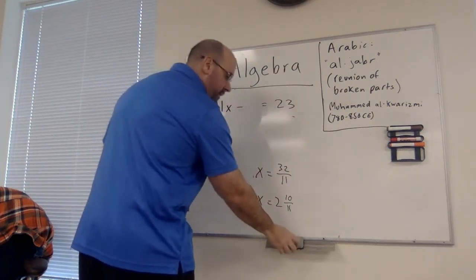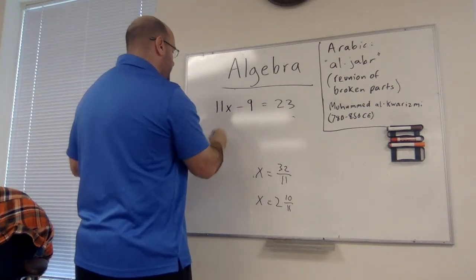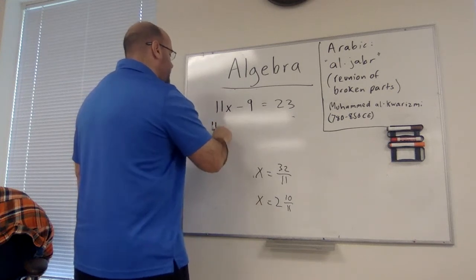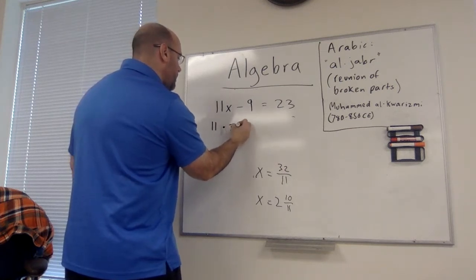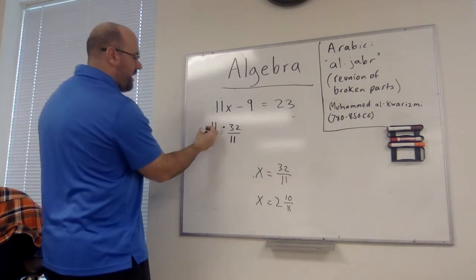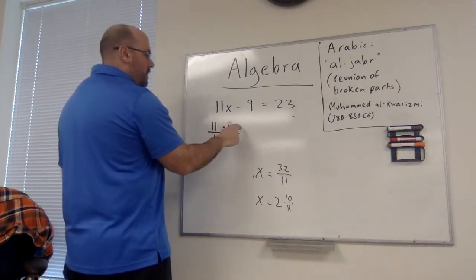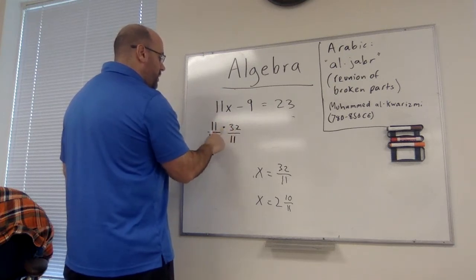11x minus 9. All right, so 11 times, let's use my new symbol, the little dot here, 32 over 11. Okay, and so 11 is the same as 11 over 1. So 11 times 32, 1 times 11.